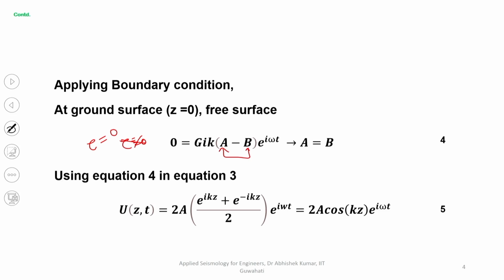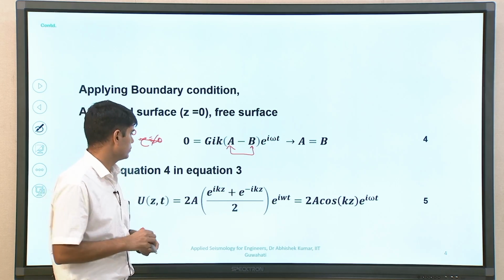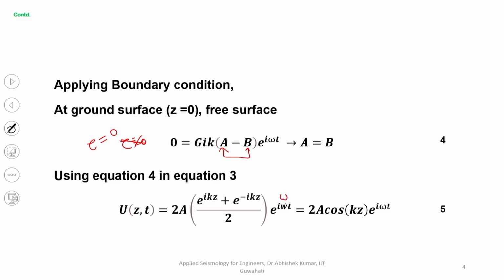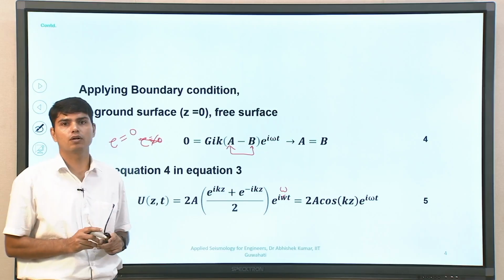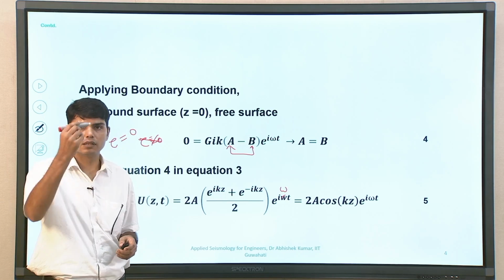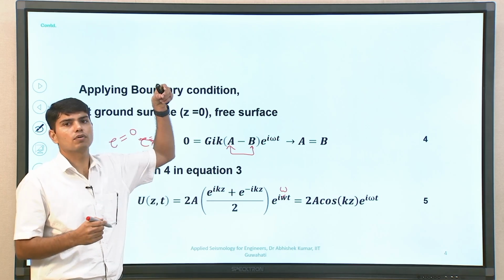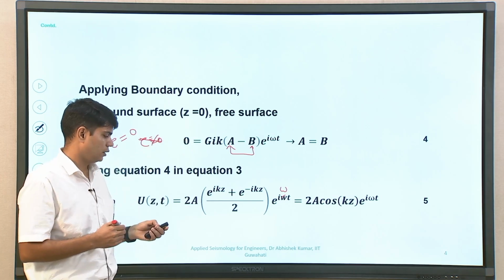So, I have replaced B by A, 2A, and then the term within the bracket exponential iota omega t, and this can be further written as 2A cosine of kz exponential iota omega t, because this term which is given within the bracket can be replaced by means of cosine of k times z. k is wave number, z is the position of point of observation starting from the surface of the ground in downward direction.